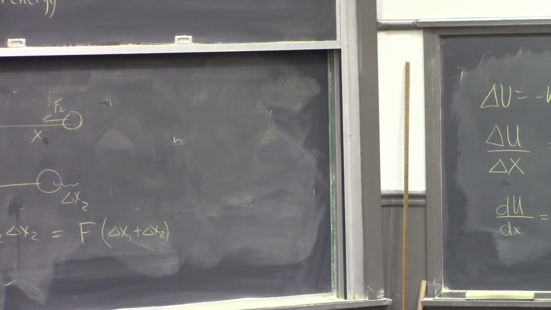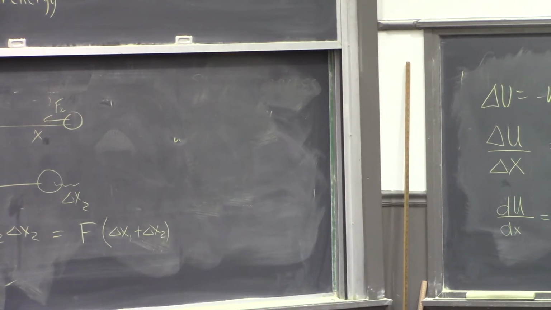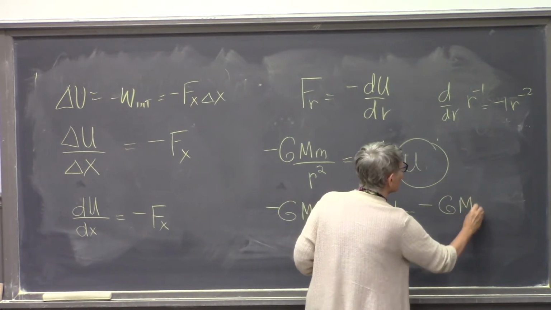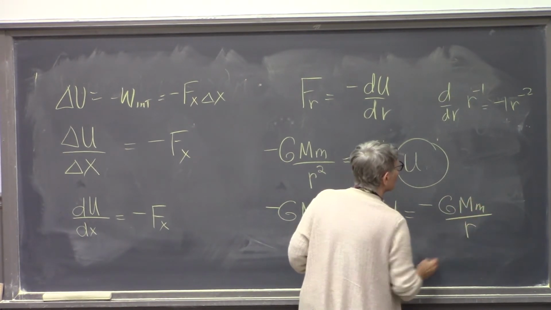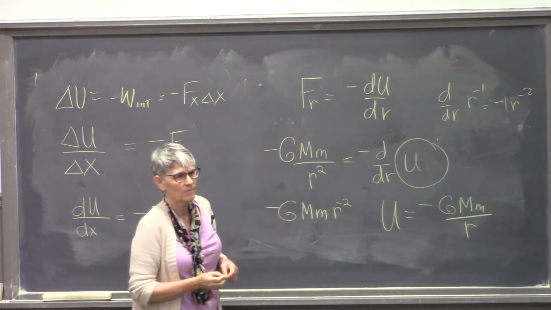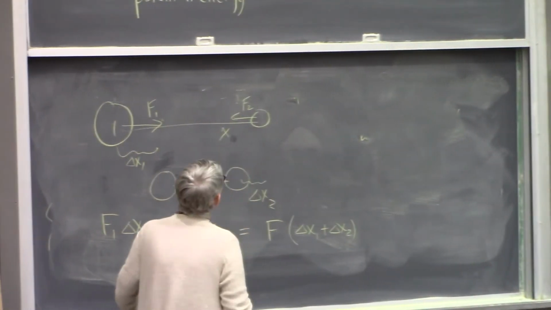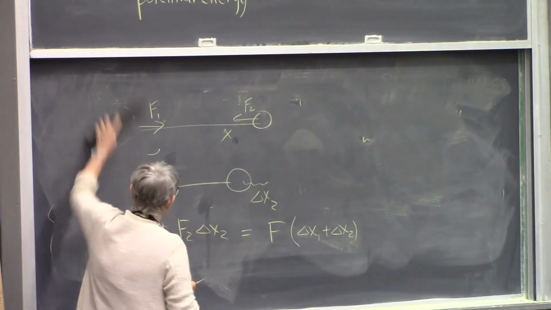And so we get U is equal to minus G m m over r. Now, is that something you have to memorize?